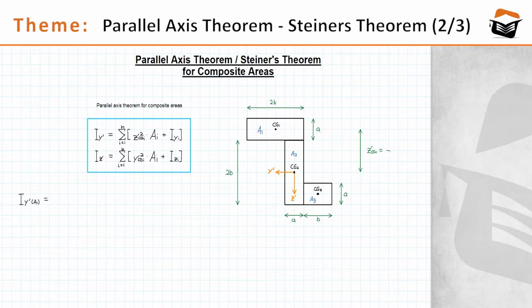So it's going to be minus b plus a over half. I said you have to put a minus if you are very strict when it comes to algebraic signs, but if you don't do it, don't worry, because that distance will be squared anyway and the minus sign will disappear. So in this regard, I will omit the negative sign and directly put the positive value.